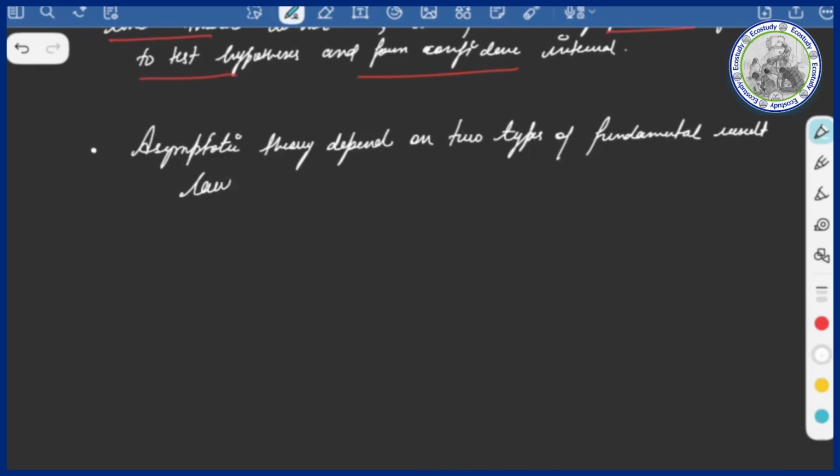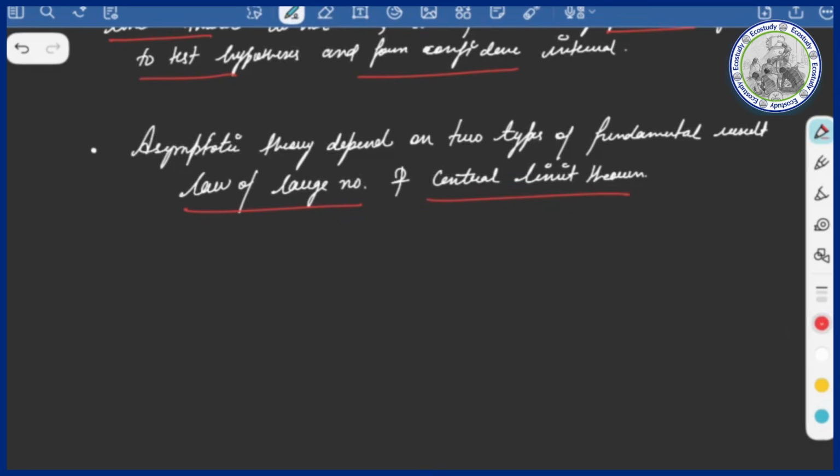That is the law of large numbers and the central limit theorem. The central limit theorem we have discussed earlier, and now we will see the law of large numbers.